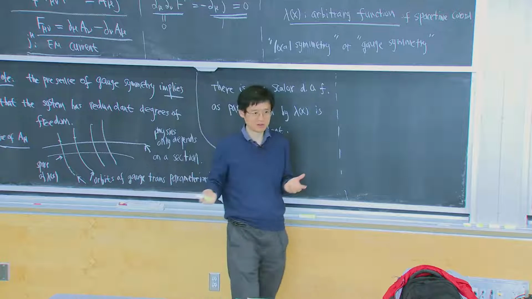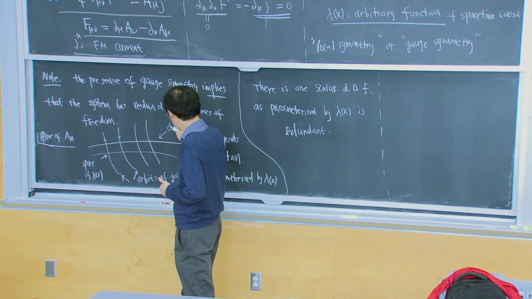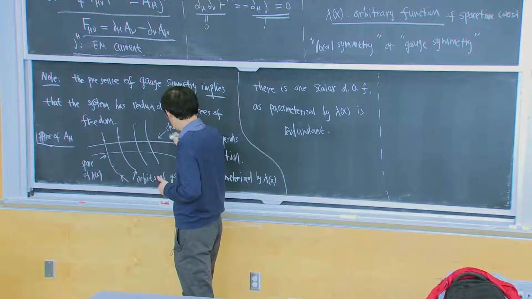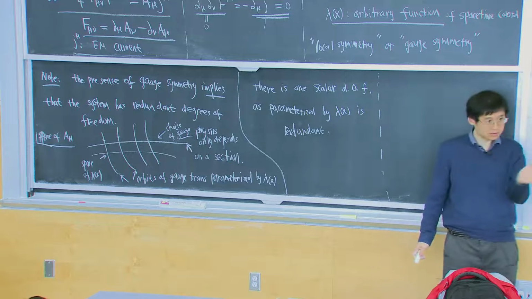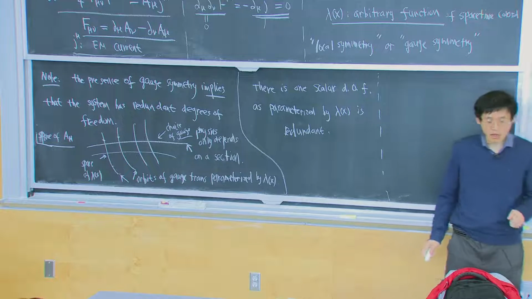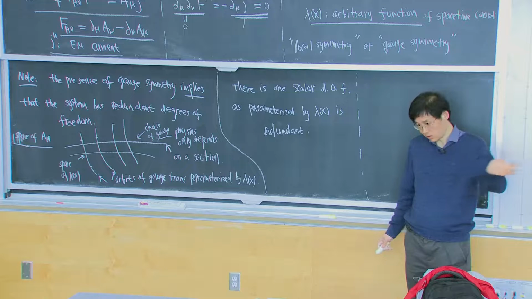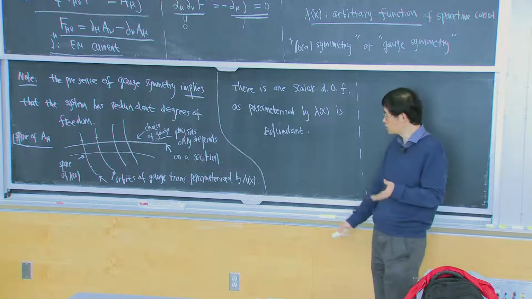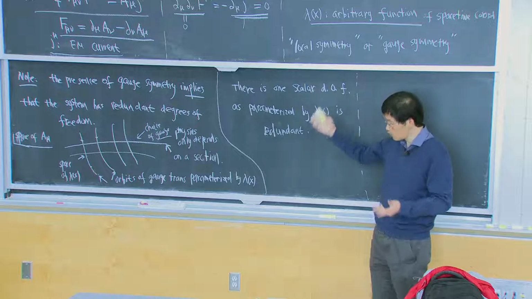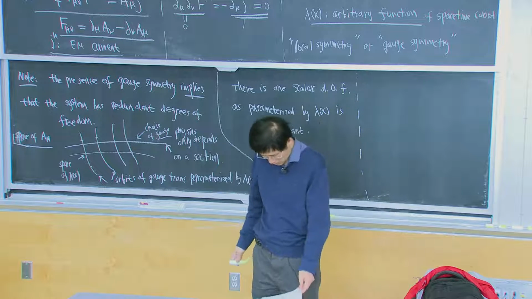So the choice of a section is called the choice of a gauge. When you solve the Maxwell equation, typically you choose such a section, you choose a gauge, and then you can solve the Maxwell equation within that gauge so that you no longer have redundant degrees of freedom. Often this gauge is chosen to simplify the task of solving the Maxwell equation.